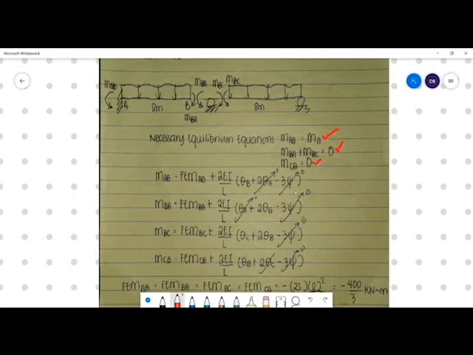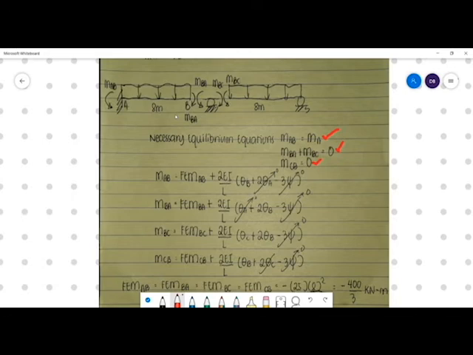So we have no psi because we assume that all supports are on the same level even after subjecting the beam to the uniformly distributed load.